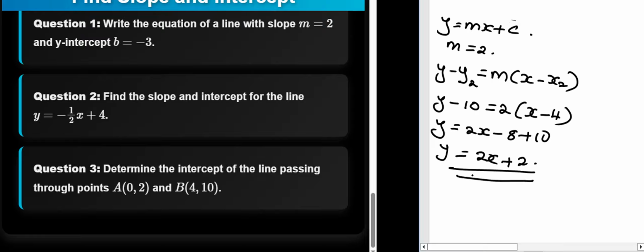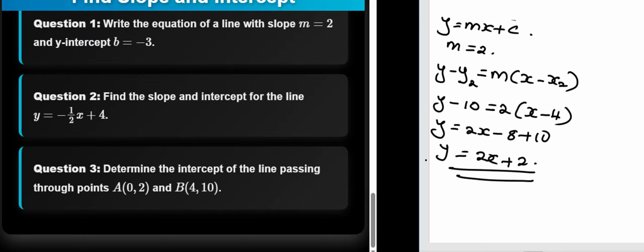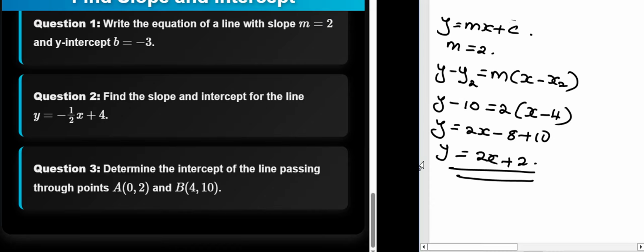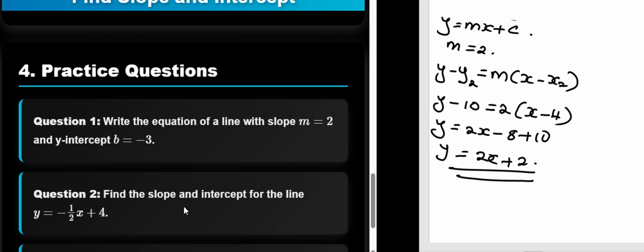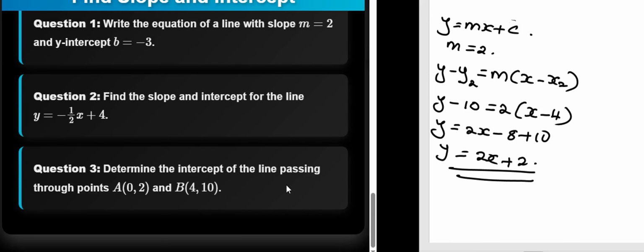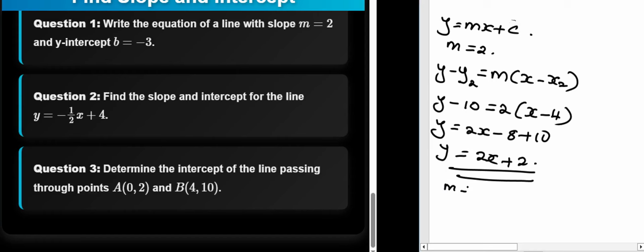So, it doesn't matter whether you use the coordinates of A or B, both will give you the same results. Since we were asked about the gradient and the y-intercept, it means m, which is the gradient, is 2, and the y-intercept is also 2.